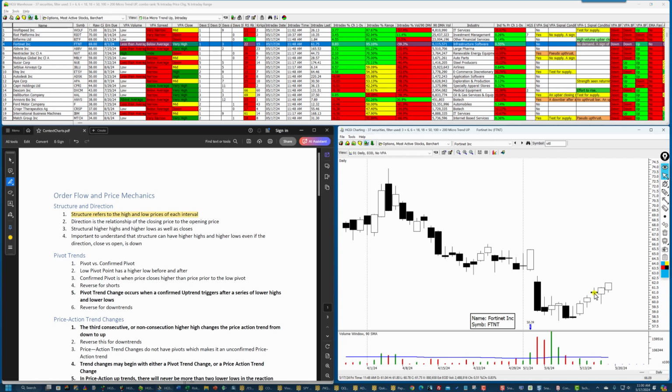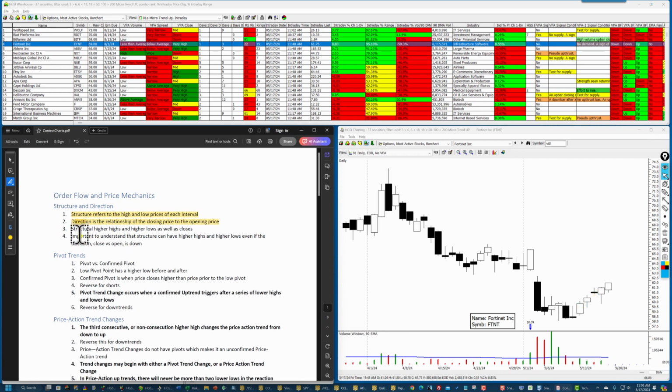If the candle is black, the direction is down, not the direction as we normally think of it, but the relationship of the closing price to the opening price. If you look over here on the left, this is what Frank Bunn states in his video. What I prefer to say is if it's black, the direction is down for the candle, but not necessarily for the day. You can see that right here. But there is a positive structure.